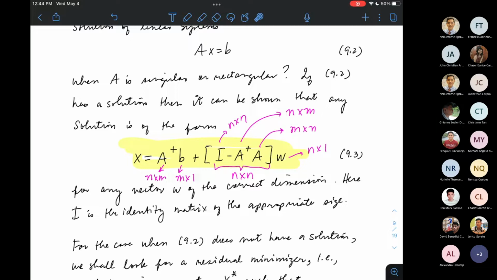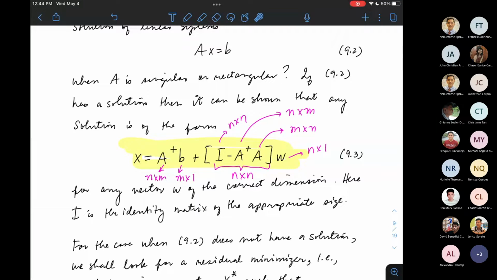Okay? Pero para masabi natin, what does it take for a vector to be a solution of an inconsistent system? Kasi ang problema rito, si X ay solution kung nasa-satisfy niya yung equation na yan. Pero kung walang X na nakaka-satisfy ng equation na yan, sino yung itatrato natin to be solutions to 9.2?